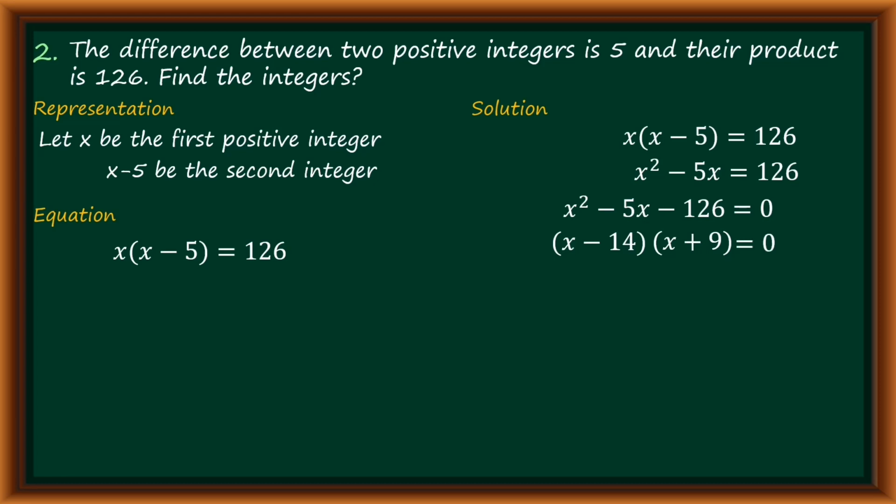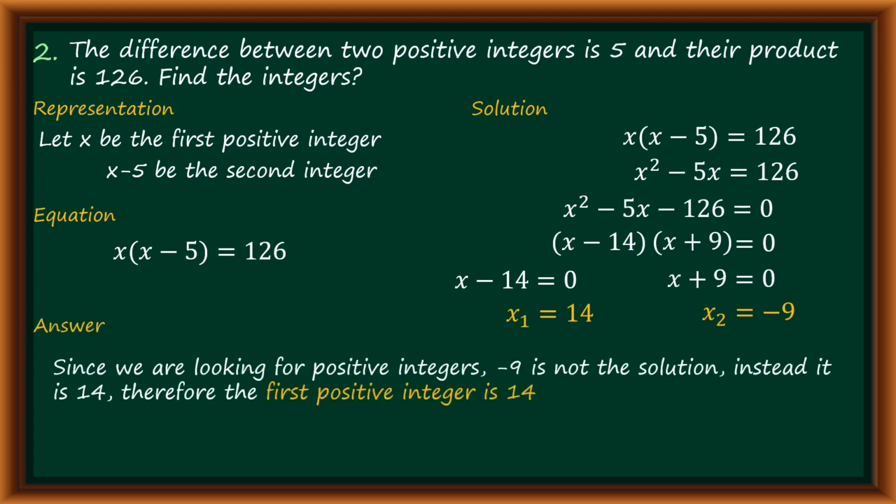Then let us solve for the first value of x. We have x minus 14 is equal to 0. Our first value is equal to 14. The second one, we have x plus 9 is equal to 0. So our second value is negative 9. Let us have now the answer.